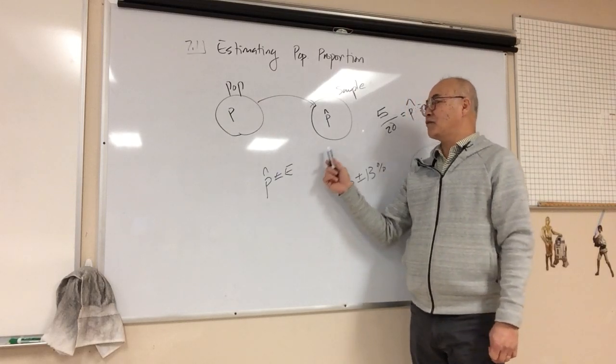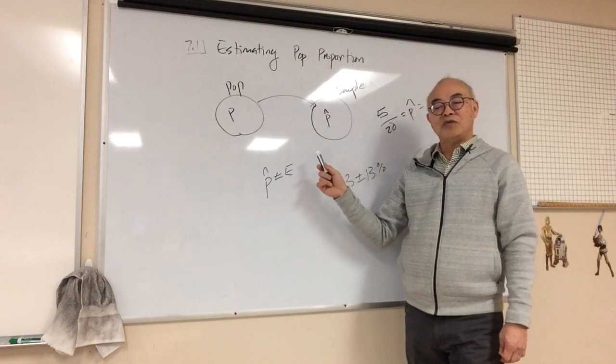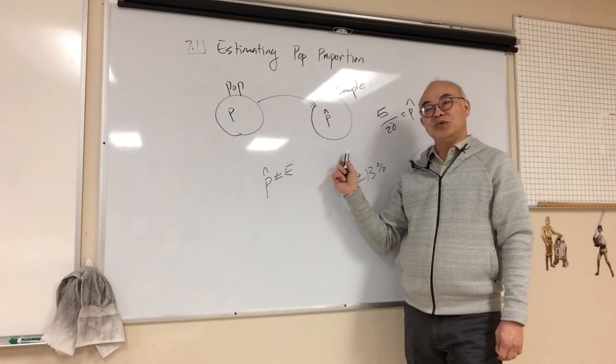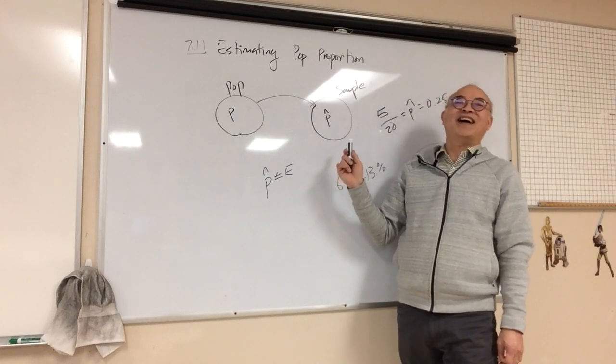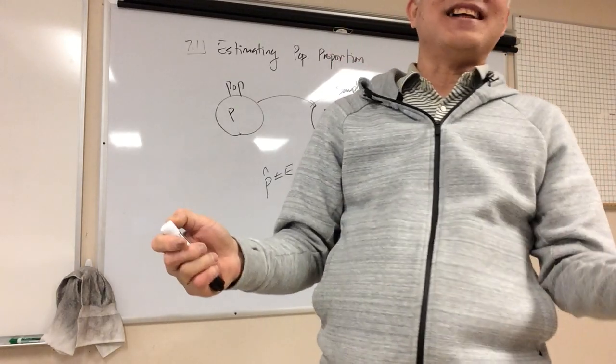So if I took a sample of 2 versus a sample of 20, you would feel more confident with the one with 2? Yes. That doesn't make any sense. No doubt. How does that make any sense?